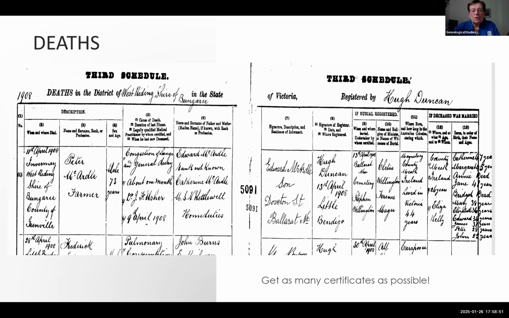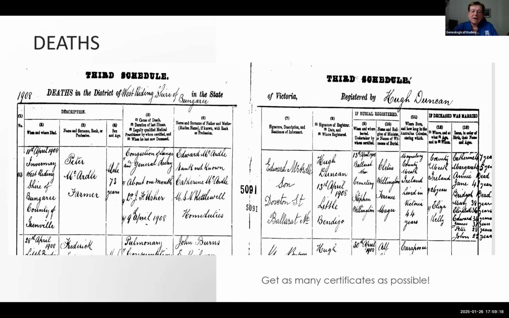Name and surname of father and mother: Edward McArdle. They don't know. The informant in this case didn't know exactly what Edward McArdle did. And Catherine McArdle, maiden surname Kettlewell, who did home duties. So she didn't work. She was probably too busy having children as well.